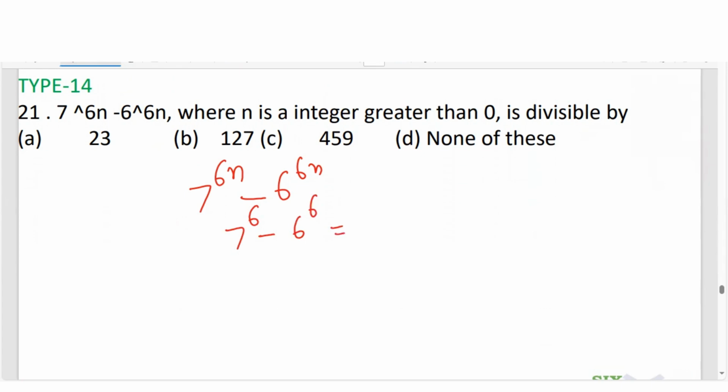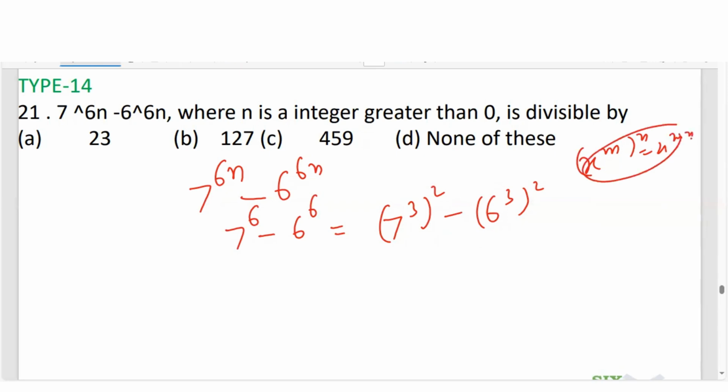We can write this as 7 cubed whole squared minus 6 cubed whole squared, because you know the formula: x to the power m, to the power n, is x to the power mn. So 3 into 2 is 6, and 3 into 2 is 6.